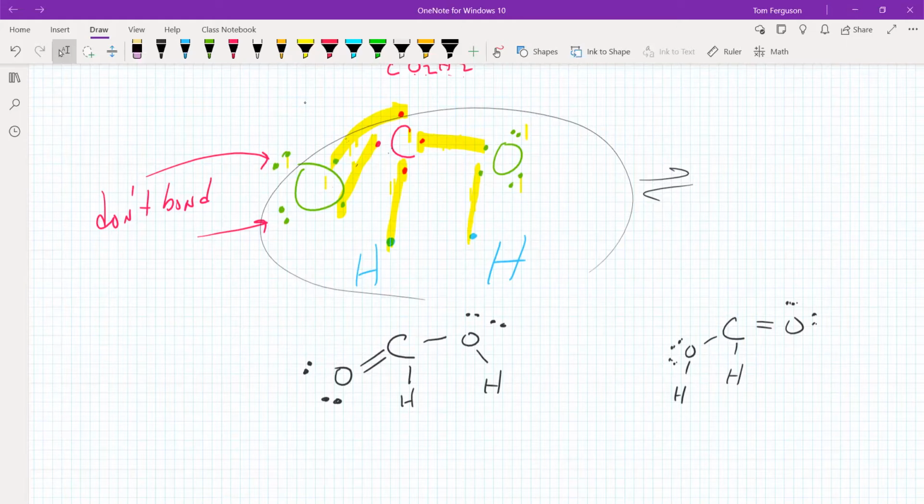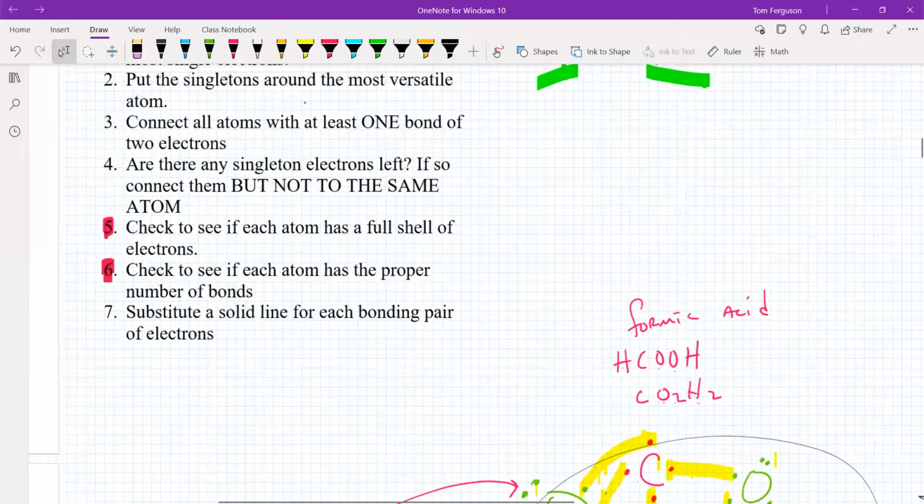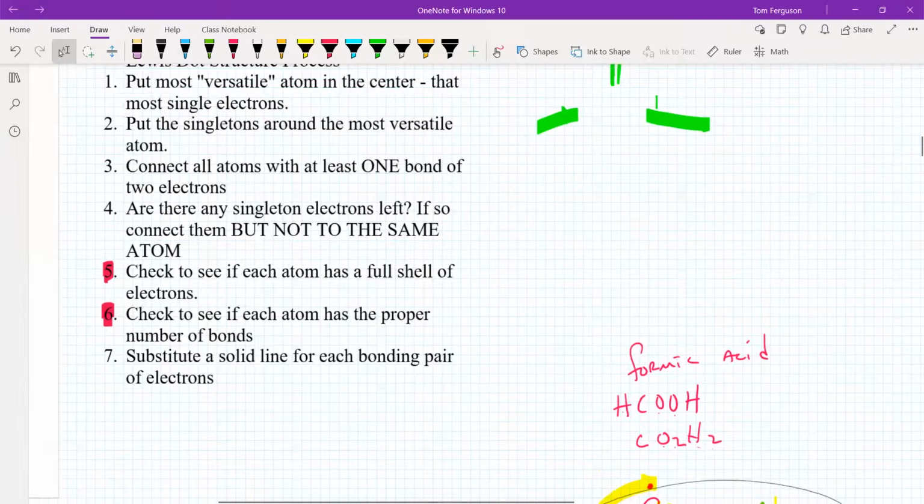Now, the other thing is, depending on what book you're using, they will tell you a slightly different procedure. My procedure is based upon a very simple approach, and it works every single time. There's another way to do it where you count total valence electrons, and it's much more complicated than this.